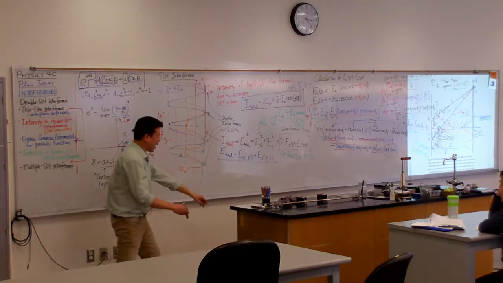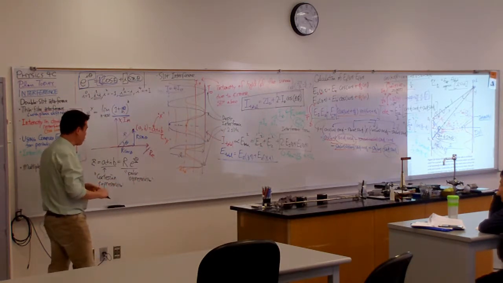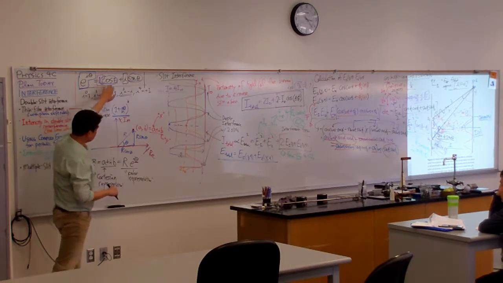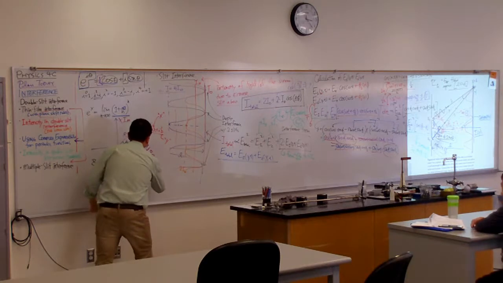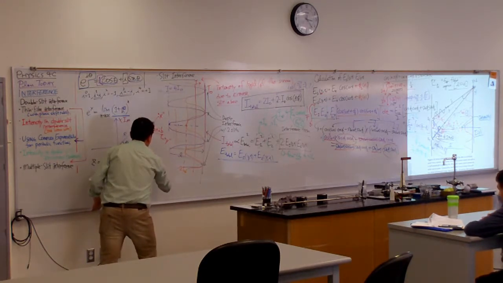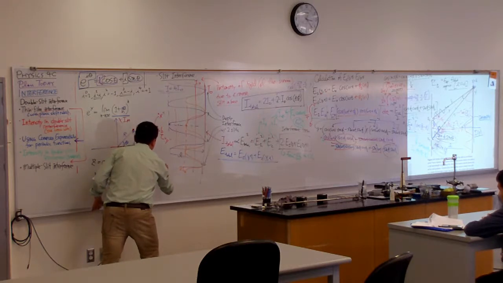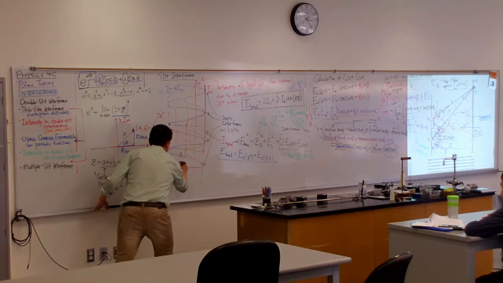Let me write out one last term that will maybe help make the connection more concrete. Let me just plug this in and expand it out. This is what I get: r times cosine theta plus i times r sine theta.